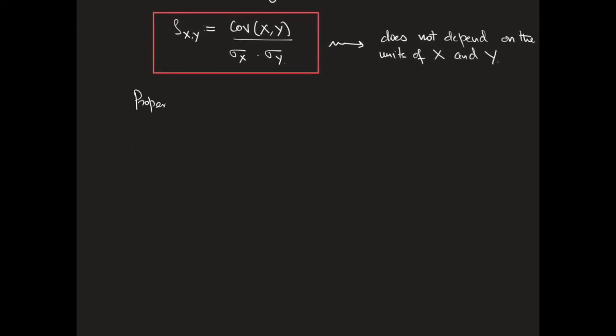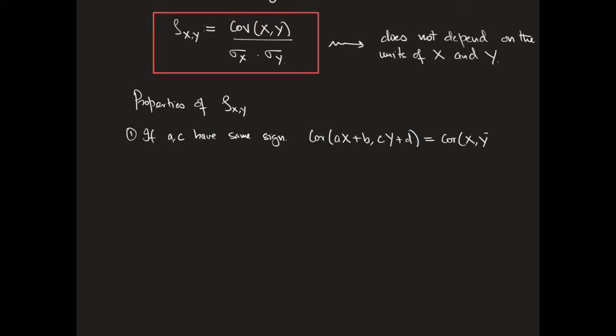Let's understand some properties of the correlation coefficient rho x comma y. Suppose a and c have the same sign, then the correlation coefficient of the linear combinations ax plus b, comma, cy plus d is going to be the same as the correlation coefficient of x comma y. The correlation coefficient of x comma y will always be a constant number that lies between -1 and 1.